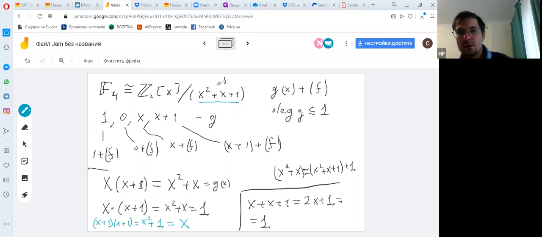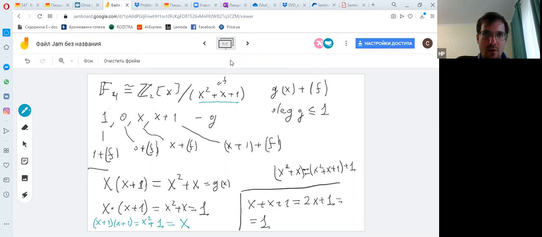Okay, is it clear how to add elements in this field and how to multiply elements in this field? It's very difficult when you keep silent.